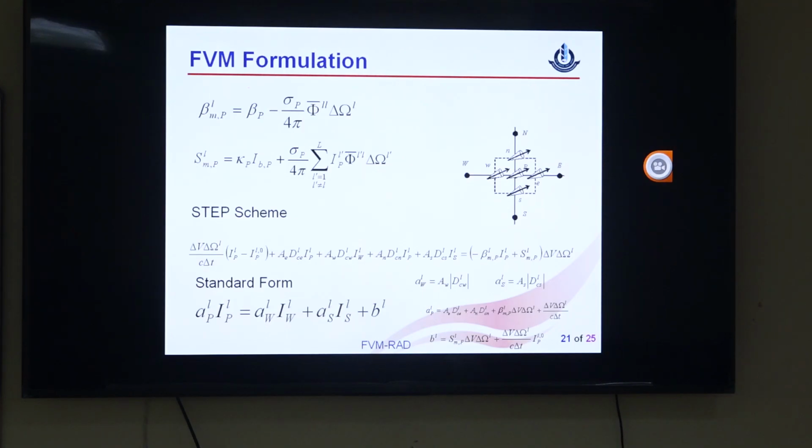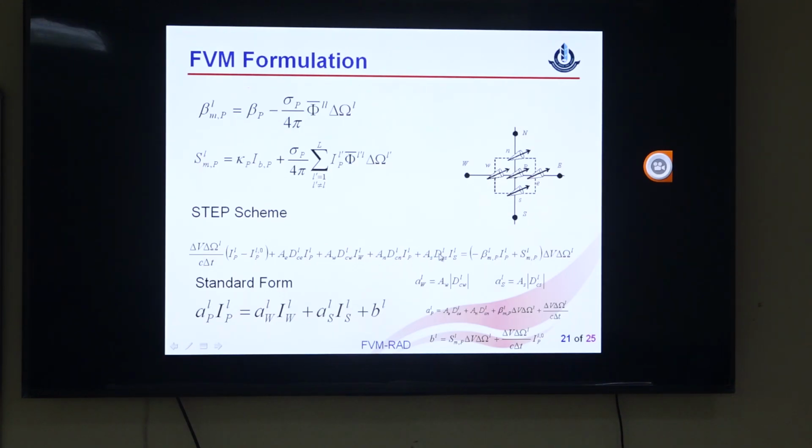So for this particular configuration, you can see that the facial intensity can be approximated with the corresponding color. So for this, I east face should be equal to I P because the upstream is P. And for this the upstream is W. And for this again the upstream is P. And for this the upstream is S. Like this, we simplify this.